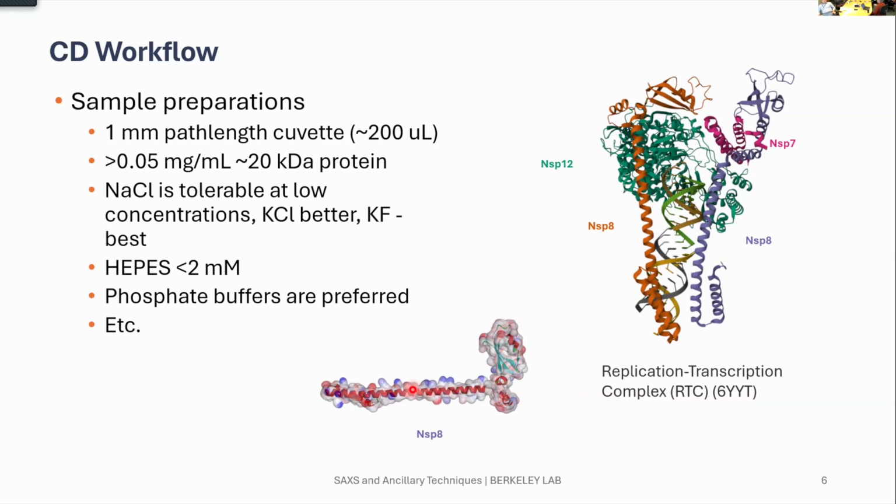It was shown that it can participate in oligomerization, so it can form different types of structures like dimers and monomers, and it doesn't always maintain the same structure, as you can see over here when it participates in complex formation for the RTC.